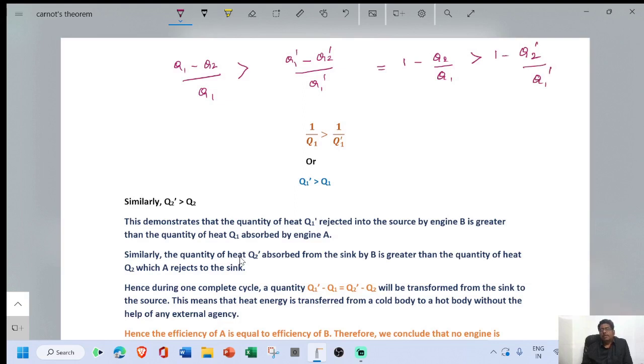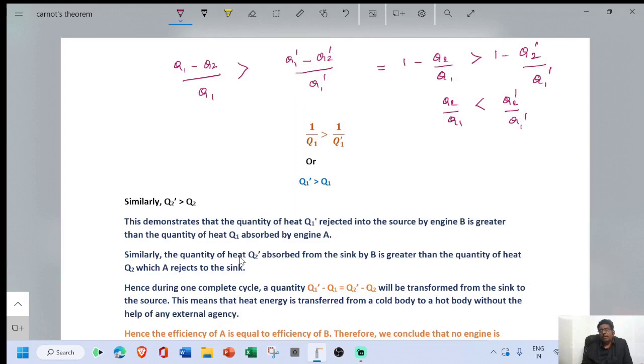From the above equation, the quantity Q2 by Q1 should be lesser than Q2 dash by Q1 dash. See here, the entire should be greater than this. Therefore, Q2 by Q1, subtracting factor, should be lesser than Q2 dash by Q1 dash.